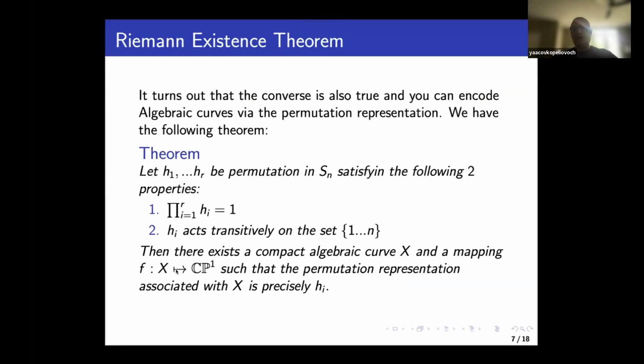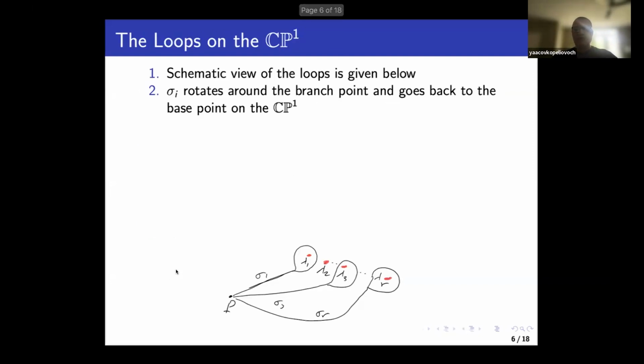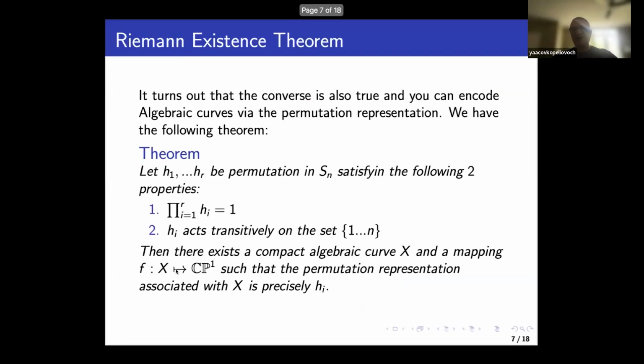So now it turns out that the converse is also true. If you have this kind of permutation representation, you can create an algebraic curve that will actually give this permutation representation. This is summarized in Riemann's existence theorem. This is basically the main result on algebraic curves that Riemann proved over the complex numbers. Over other fields, it's more complicated.